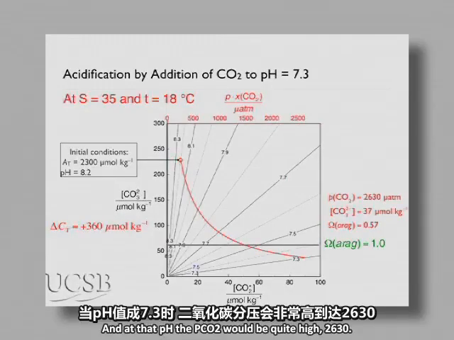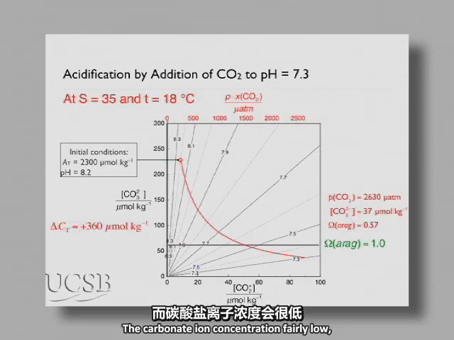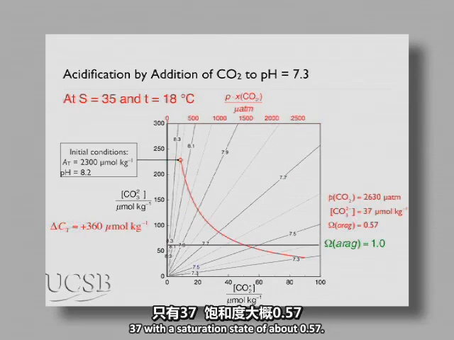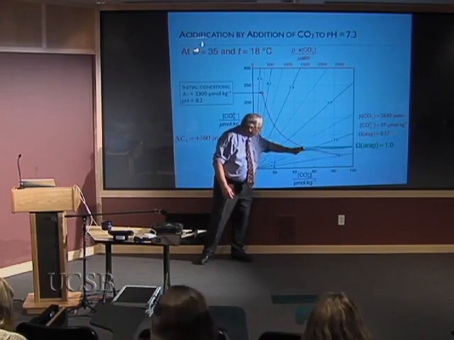And at that pH, the PCO2 would be quite high, 2,630. The carbonate ion concentration, fairly low, 37, with a saturation state of about 0.57. So saturation state well below 1.